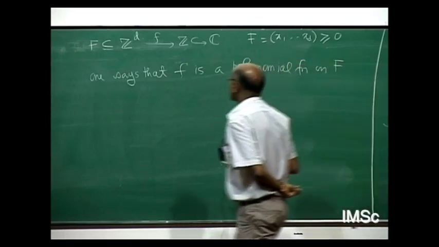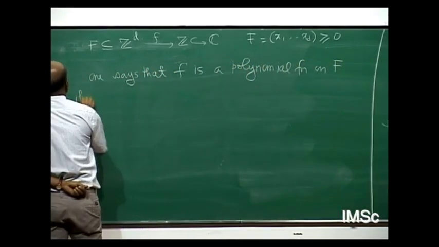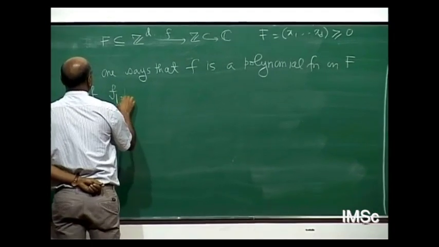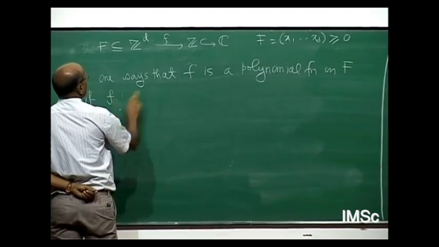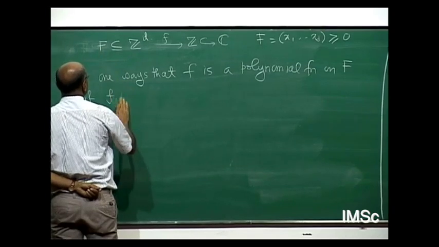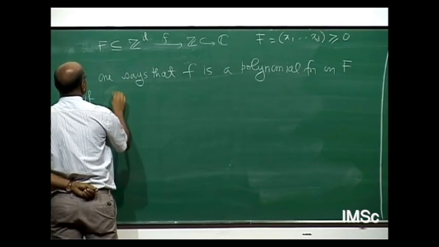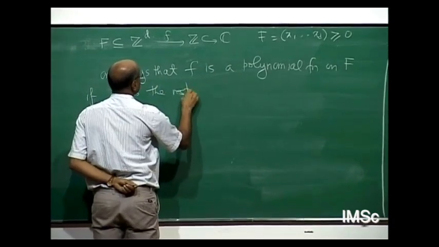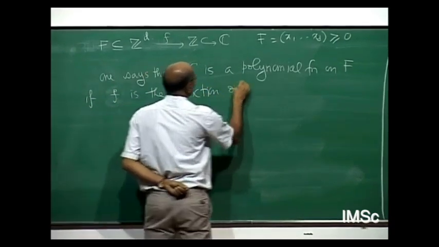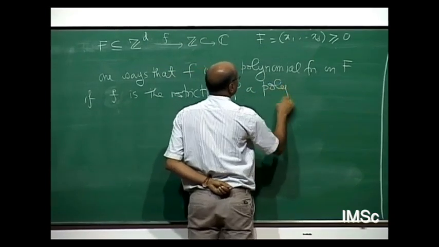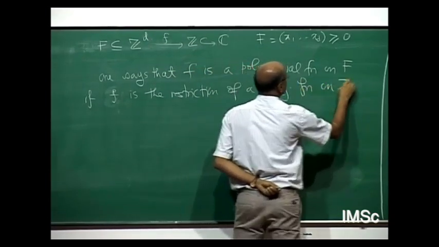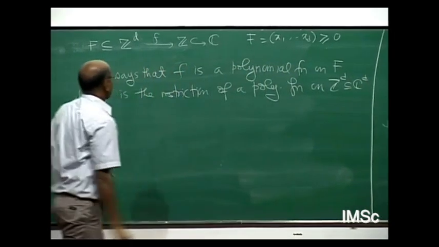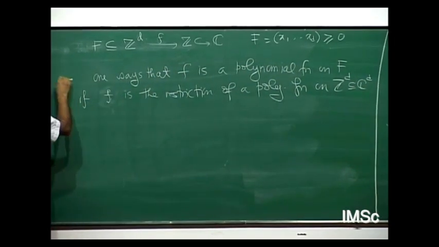So f is a polynomial function on F if f is a function on capital F and f is the restriction of a polynomial function on Z to the power d, which is maybe contained in C to the power d. So this is one notion.